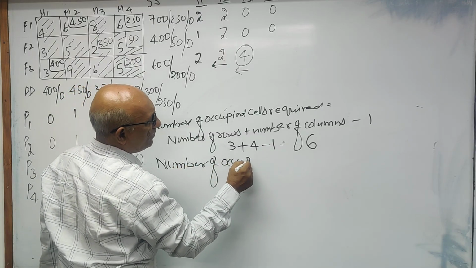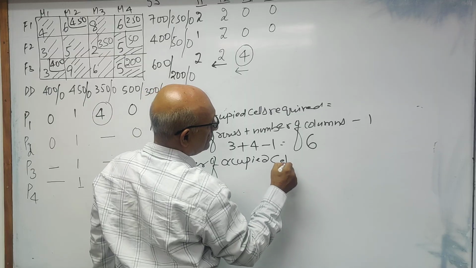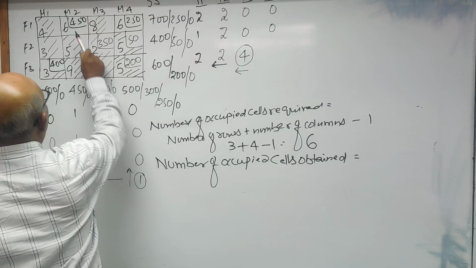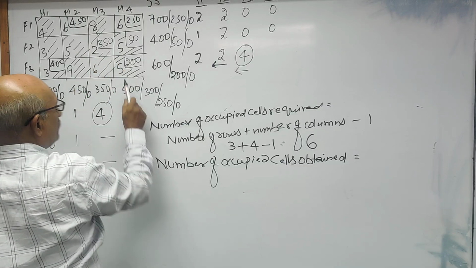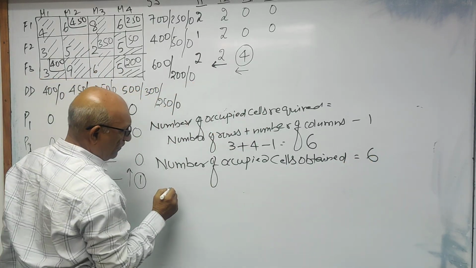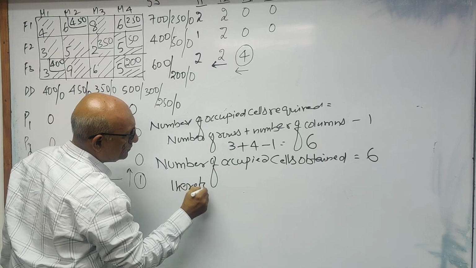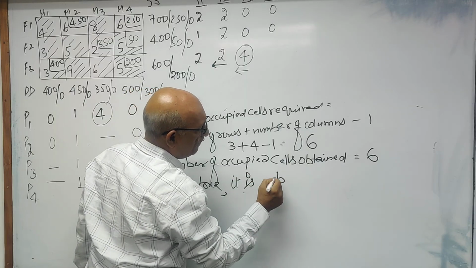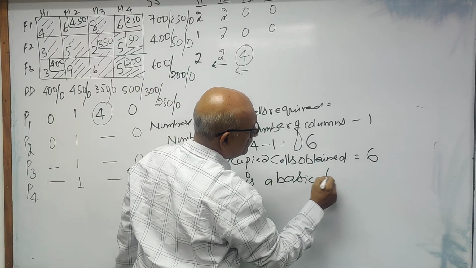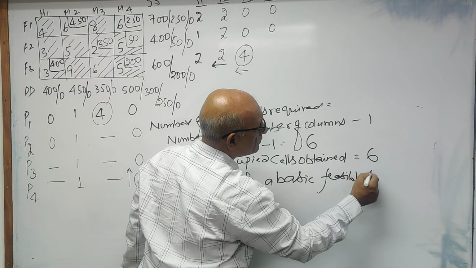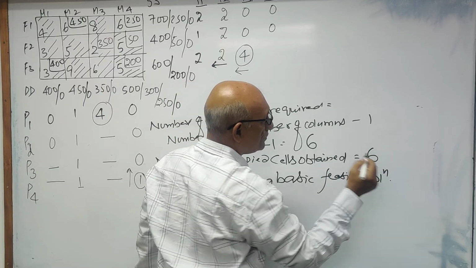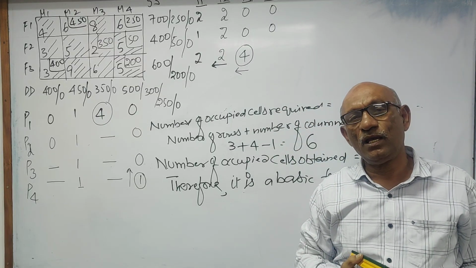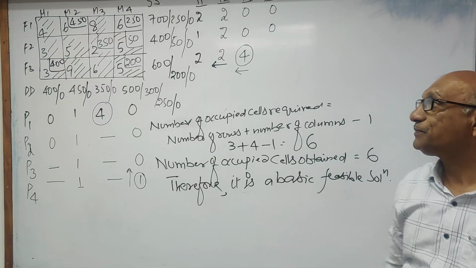Number of occupied cells obtained is equal to 1, 2, 3, 4, 5, 6. Therefore, it is a basic feasible solution. This is the procedure to calculate initial solution by Vogel's approximation method.